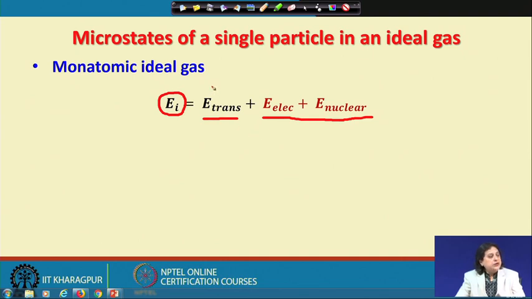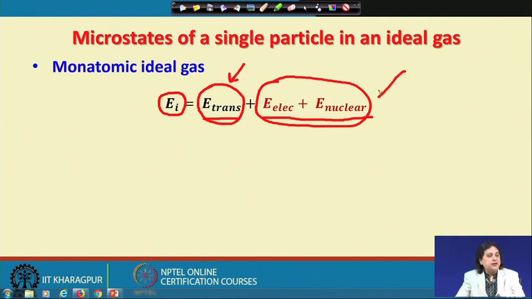And therefore, we saw that it was possible to separate out this problem into two distinct parts. One is the overall movement of the atom in the three-dimensional space. The other one is the underlying microscopic structure of the atom as obtained from experiments or by solving the Schrodinger equation in quantum mechanics.